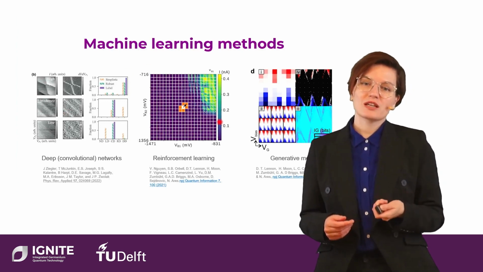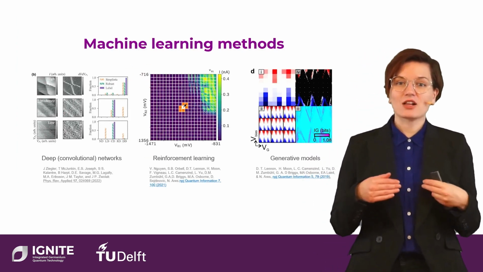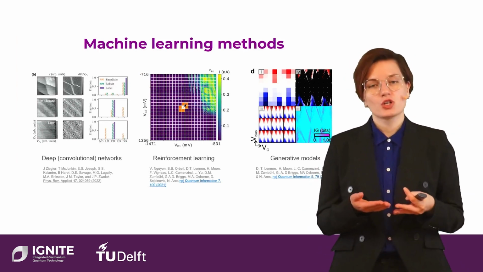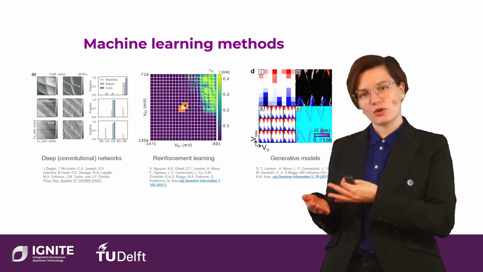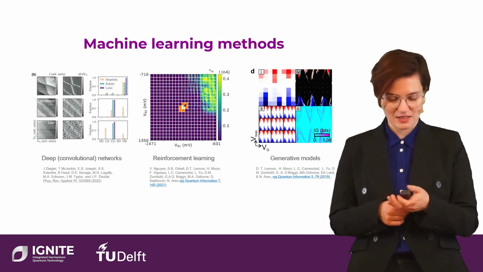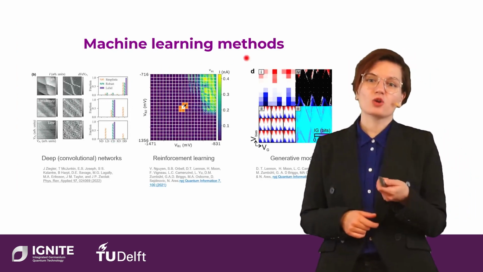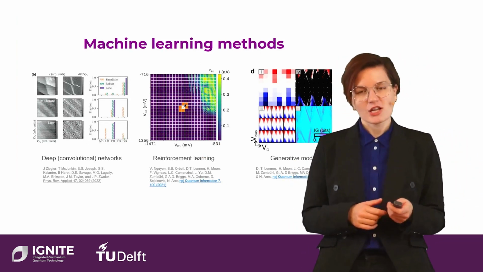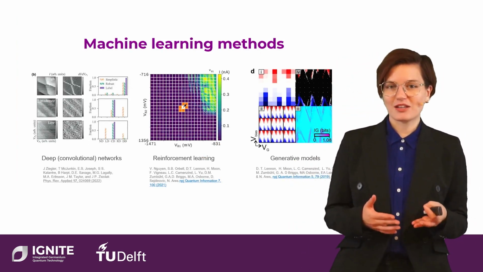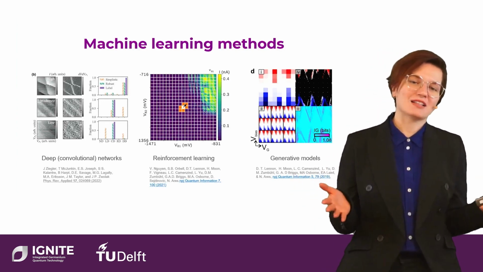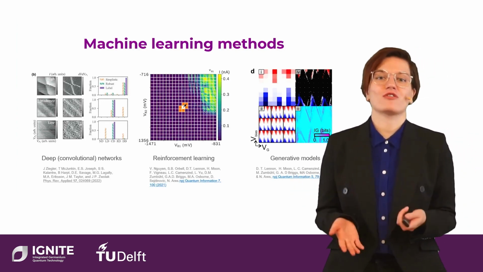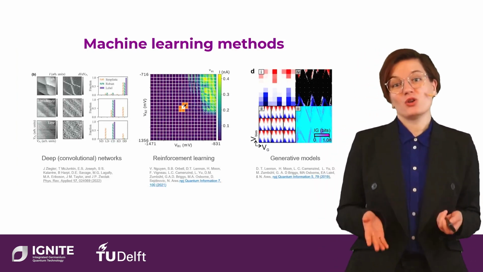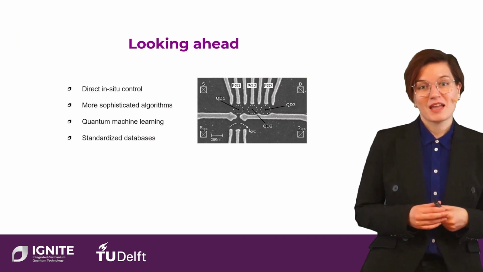People are also using reinforcement learning, where the algorithm tells you itself what the next step should be, without you having to implement it like we did in this simple example. And one can also use a generative model to find the best places to measure. So there is a lot of progress right now in the field. Also on a timeline slide, I had a lot of citations with exciting papers that you can look up and enjoy if you want to look some more into this.